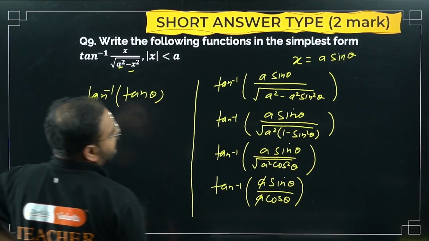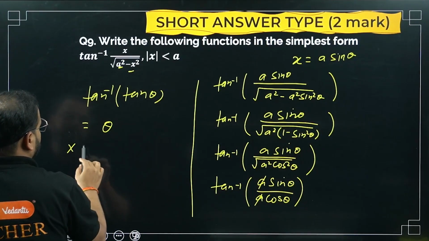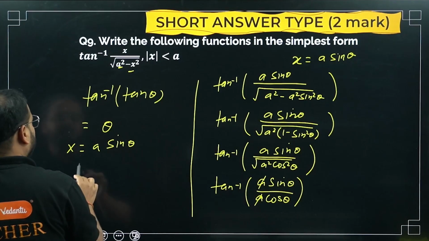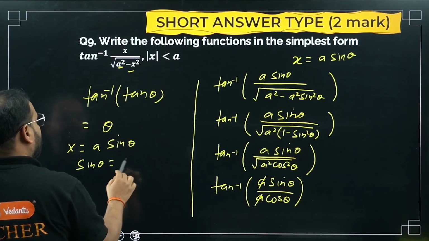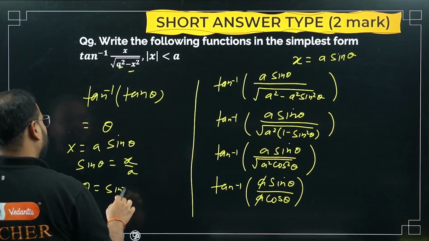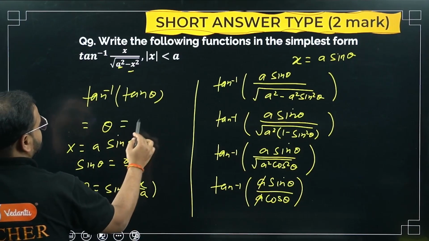Now please check, x equals a sine theta is the assumption I have taken. So sine theta is x by a, and theta is sine inverse of x by a. What is my answer?